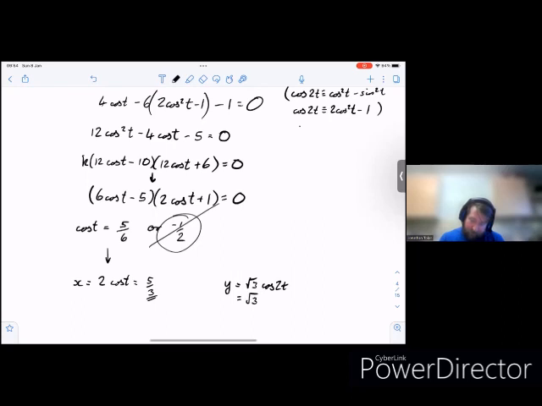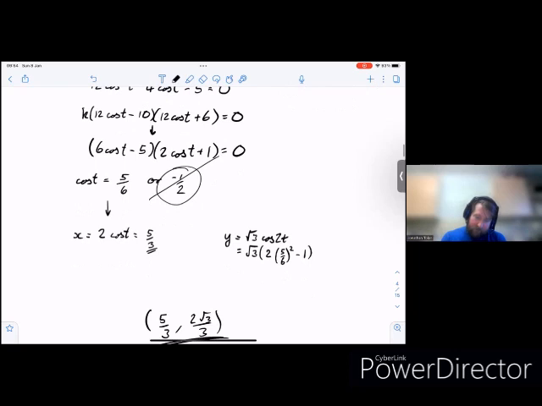So that becomes √3 times 2 cos squared t minus 1. So that's 2 times 5/6, sorry, squared, minus 1. So this gives us 2 times 25 over 36. So it's root 3 times 50 over 36 minus 1.